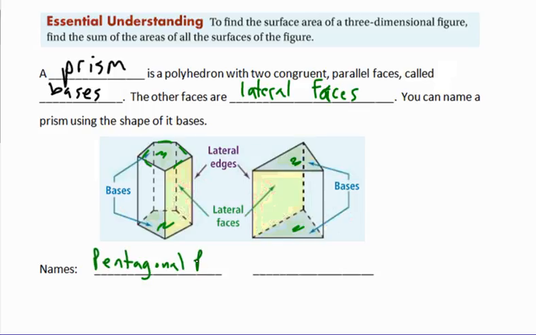And then this one has triangles as its bases, so it's a triangular prism. A common one is a rectangular prism. A cube is another common one that you've worked with.